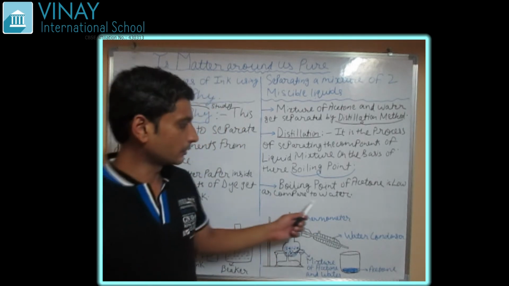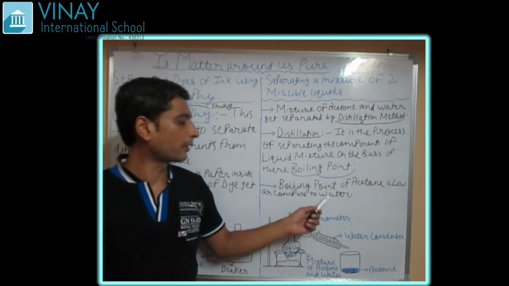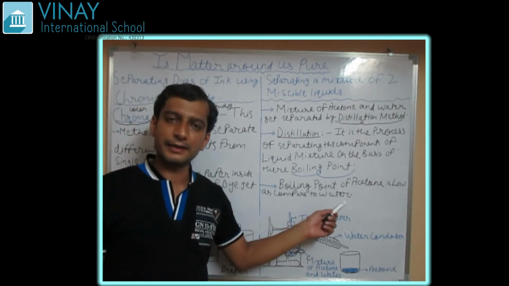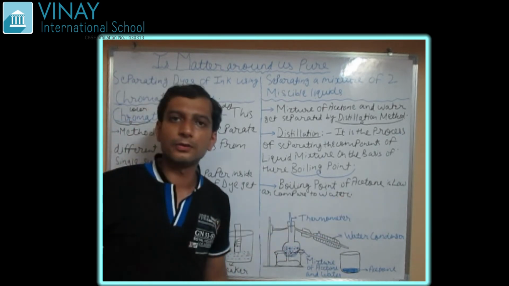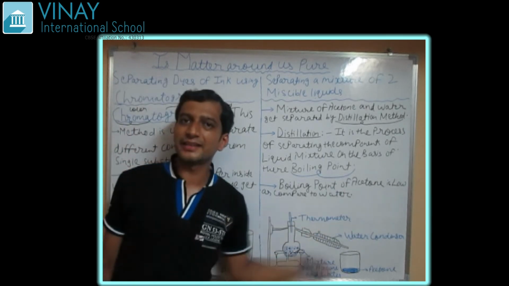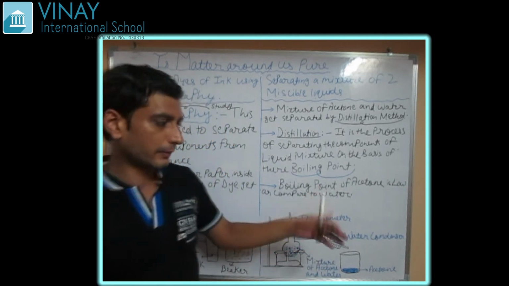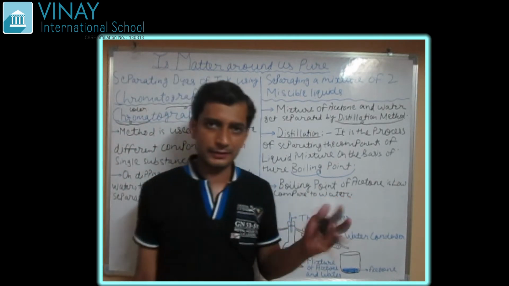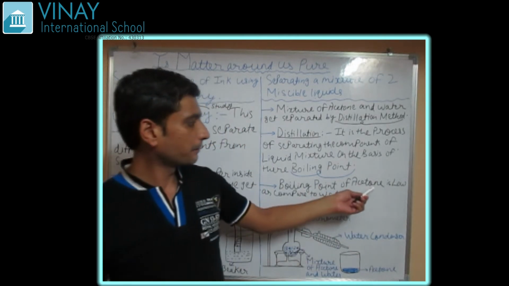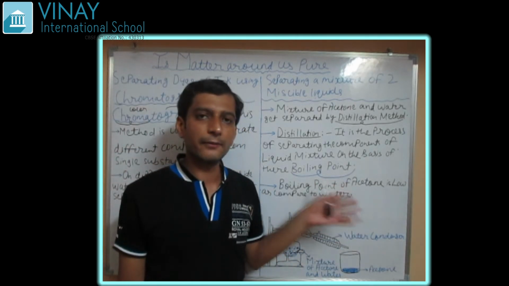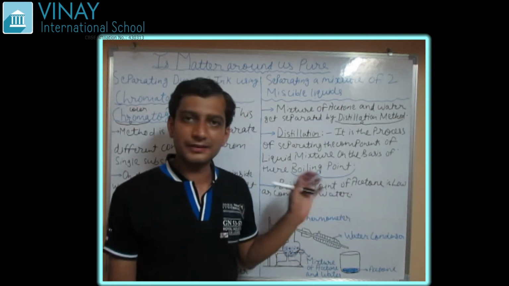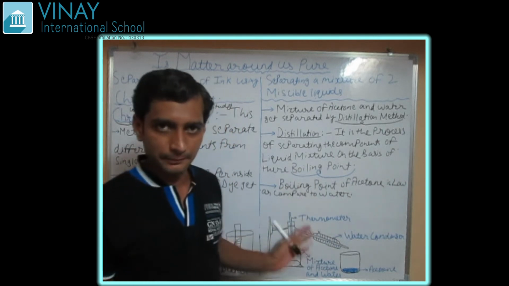Everyone knows that boiling point of water is 100 degrees Celsius, and boiling point of acetone is approximately 56 degrees Celsius, 55 to 60 degrees Celsius approximately. It means there is a difference of approximately 40 to 45 degrees Celsius between them.